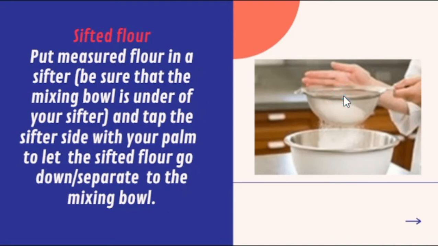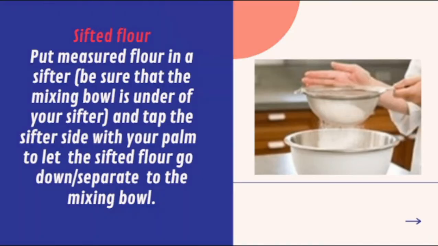And make sure you have a bowl under the sifter, or else your flour will scatter on your table. After that, you need to tap the sifter at the side using your palm. You're going to tap this so that you can let the sifted flour go down to the mixing bowl.